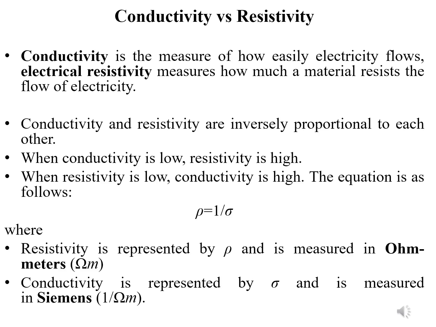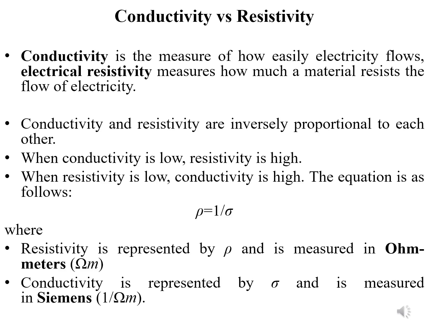If electricity can pass easily through a material, then we can say that it has more conductivity, or that material is more conductive. So what is electrical resistivity? Electrical resistivity measures how much a material resists the flow of electricity.